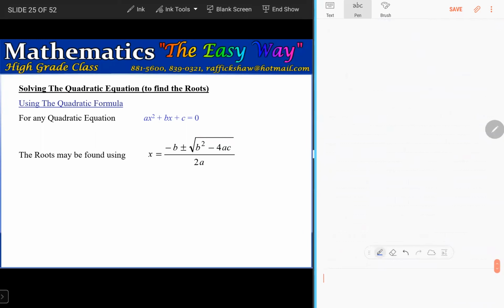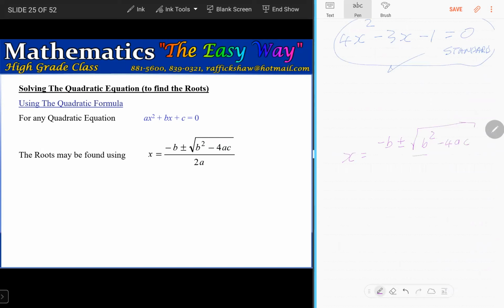A common mistake with this formula is that persons write it like this: x equals minus b plus or minus the square root of b squared minus 4ac, and they put this alone over the a. That is wrong. Don't do that. It is everything divided by 2a.